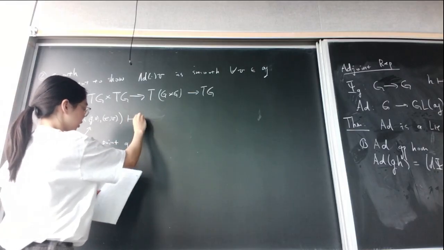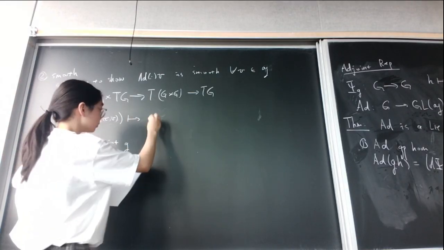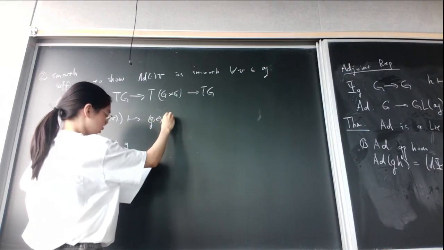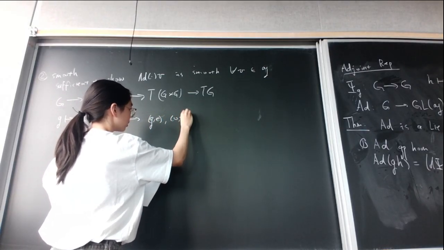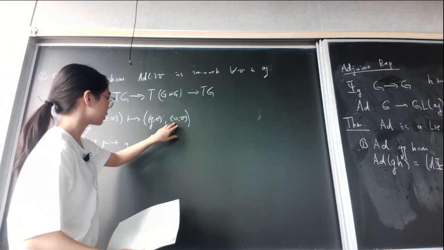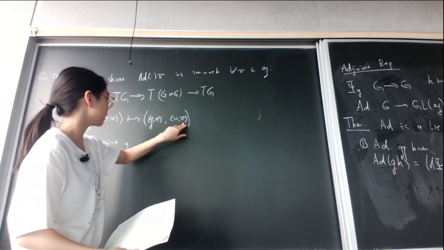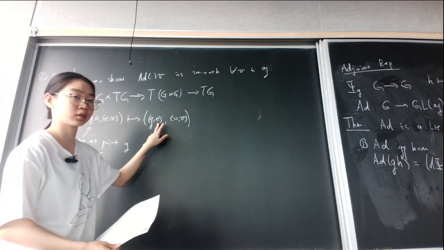And this gets sent to the vector 0, comma V at the point G, comma E.